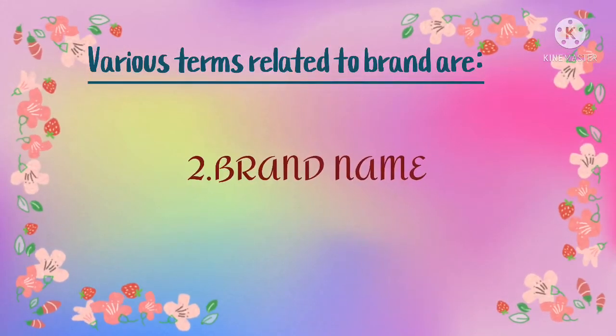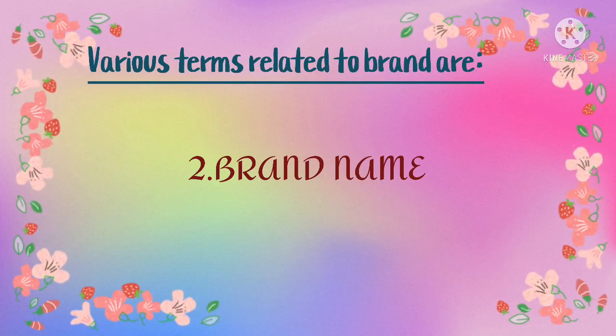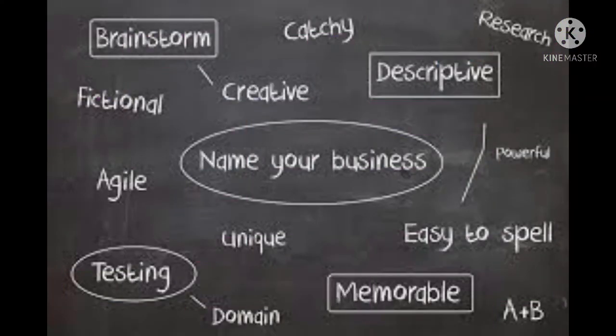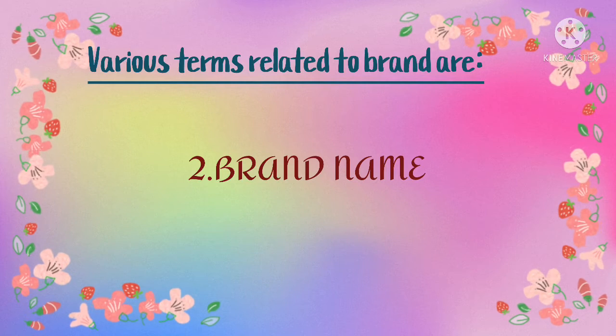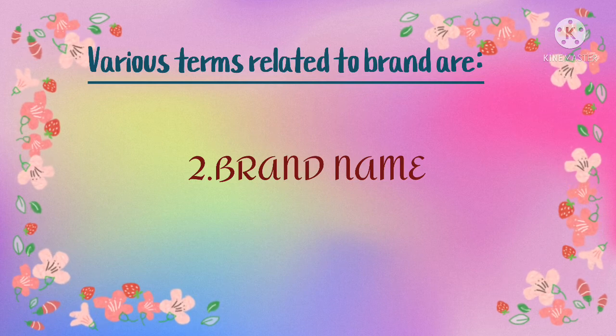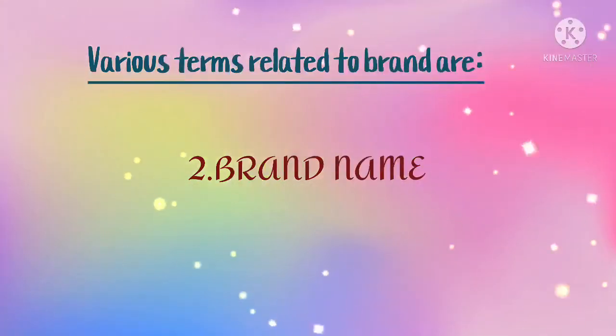Second is brand name. The part of a brand which can be spoken is called a brand name. The name should be easy to spell, memorable, creative, and very powerful, pronounced by everyone. In other words, it is the verbal part of a brand. For example, Dettol, Lifebuoy, Surf, etc.